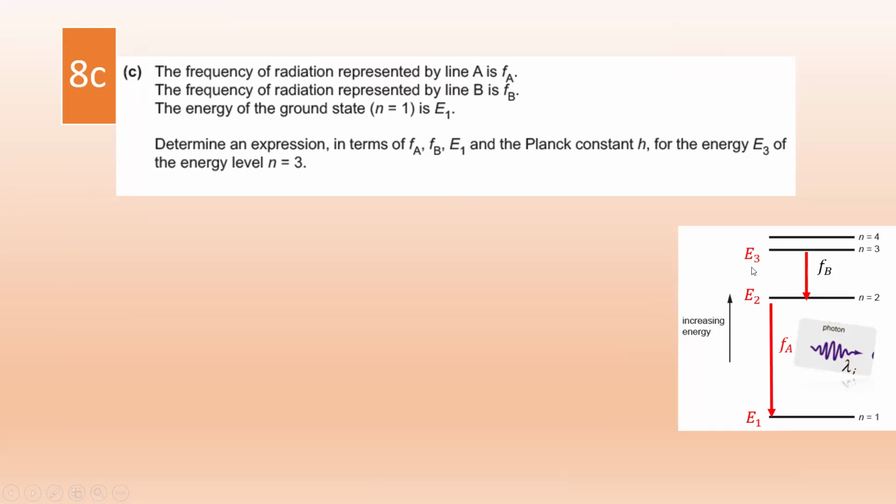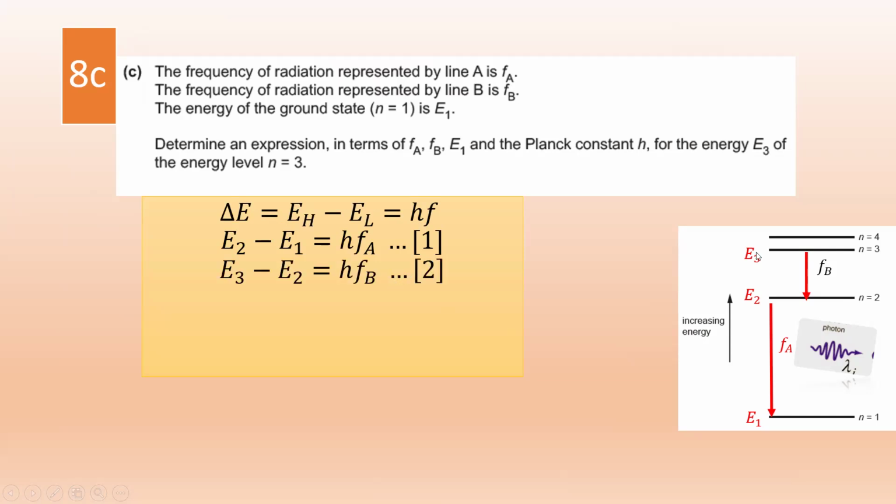Okay, you want this one in terms of E1, FA, FB. Right, the two equations. Higher energy level minus lower energy level equals H times frequency. H is Planck's constant. So E2 minus E1 is HFA, equation 1. E3 minus E2 equals HFB.